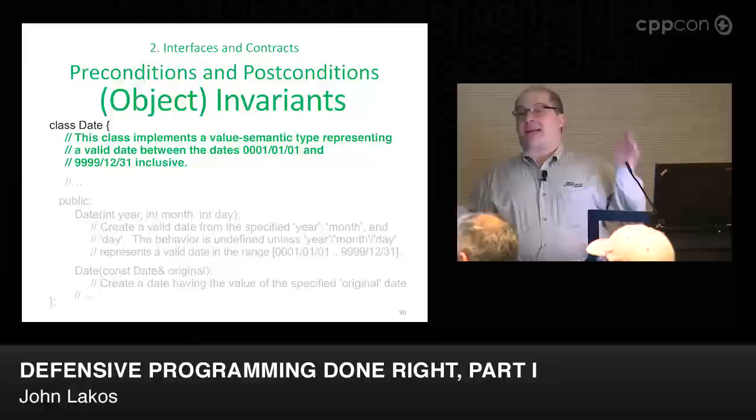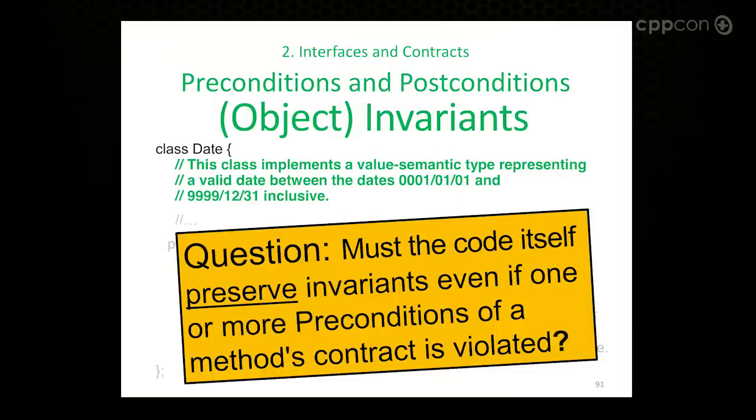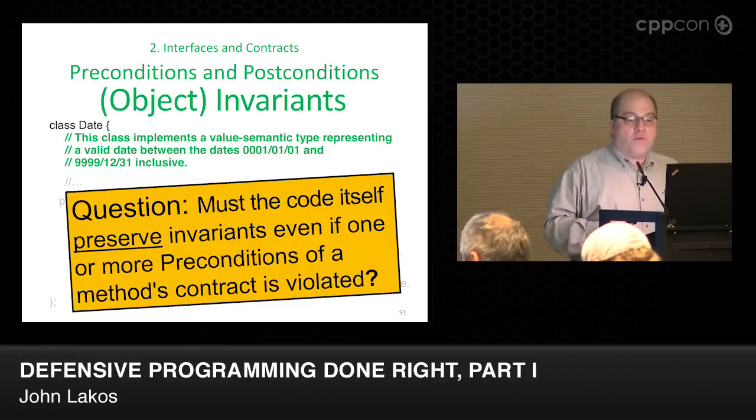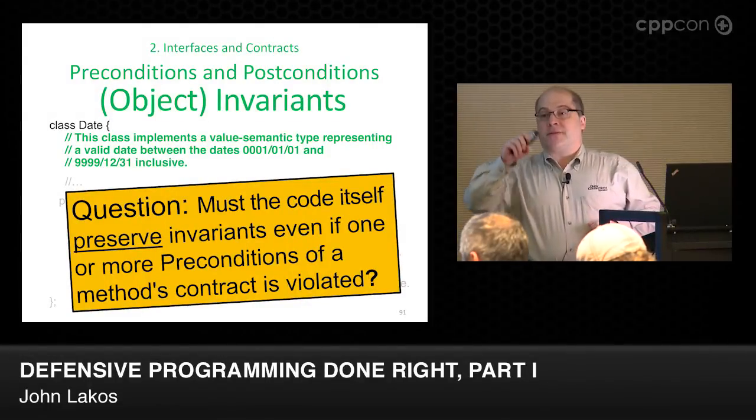This is great. This is exactly what I was hoping for. So if you can, but you can't because there's a precondition that says you can't. And now the question is, must the code itself preserve invariance even if one or more preconditions of a method's contract is violated? Now, what is your answer to that?